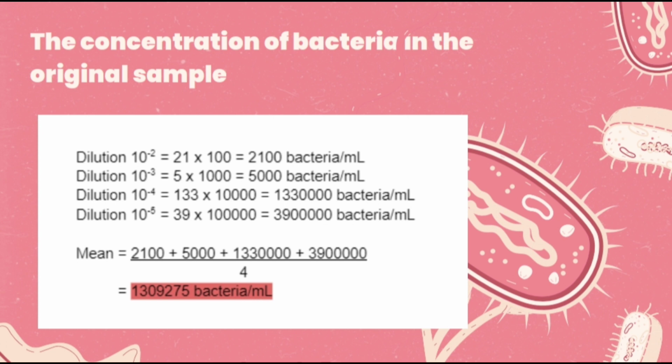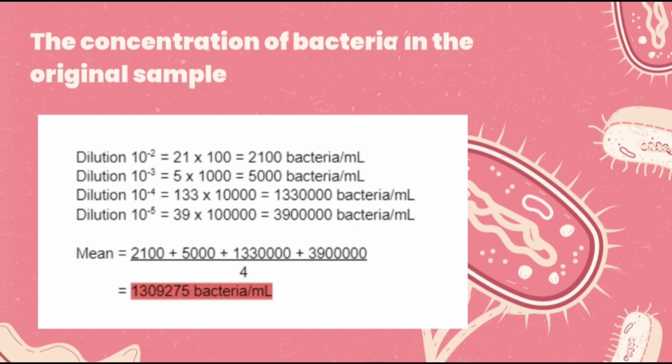For example, for dilution 10^-2, 21, which is the number of bacteria counted, times 100. 100 is the same as 10^-2, which is the dilution. So that equals 2100 bacteria per ml. The same applies for the other dilutions.